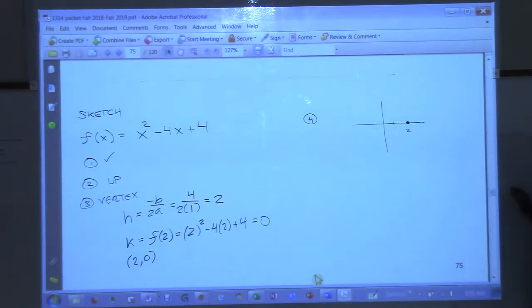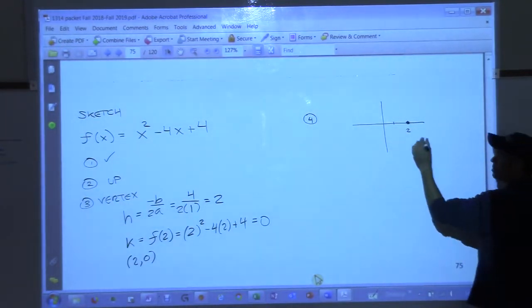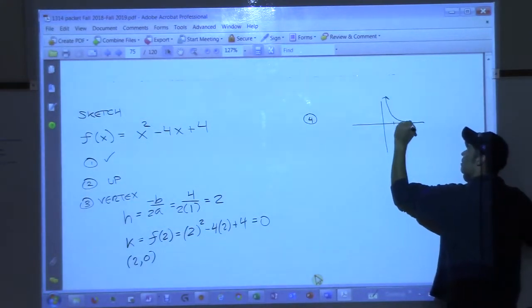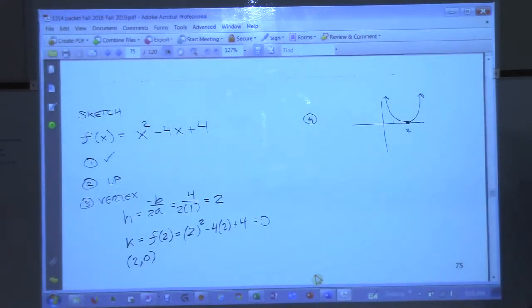From there, my parabola opens which way? Up, and that's the lowest point. So it goes like that. What can you tell me about the x-intercepts? I just have 1. The vertex itself is the x-intercept.